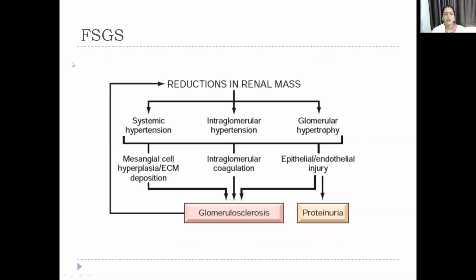So after there is an immune injury, there is something for the disease to progress, right?